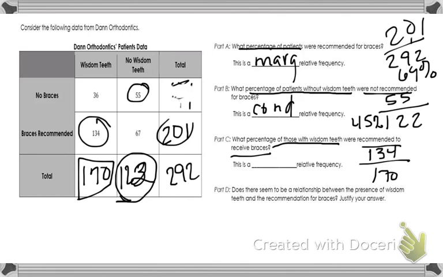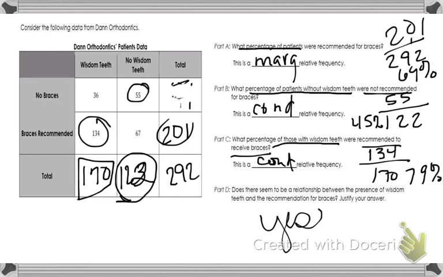So 134 divided by 170, that is 79%. This is also a conditional relative frequency because it is given a condition. Does there seem to be a relationship between the presence of wisdom teeth and recommendation for braces? Well, yes, there does. If they have wisdom teeth, 79% of them are recommended for braces.